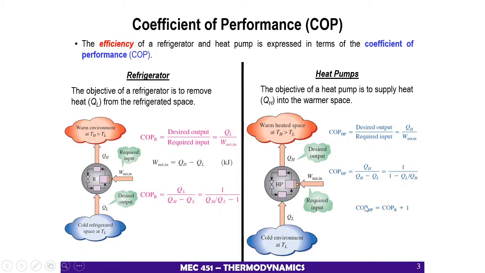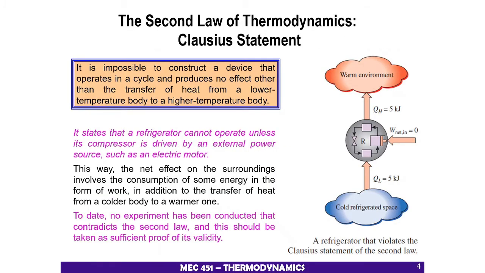Second law of thermodynamics, Clausius statement. It is impossible to construct a device that operates in a cycle and produces no effect other than the transfer of heat from a lower temperature body to a higher temperature body. So it states that a refrigerator cannot operate unless its compressor is driven by an external power source, such as an electrical motor.